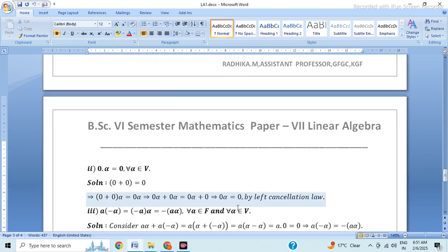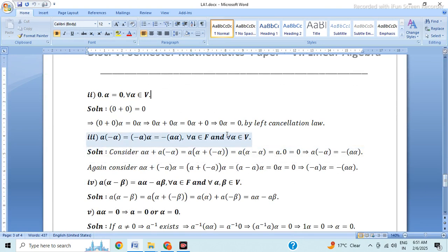To prove the third condition, we take A into minus alpha is minus A alpha. Then we take the first condition with the third condition. That means A into minus alpha plus A alpha equal to 0 we prove. Similarly, we prove minus A alpha plus A alpha equal to 0.